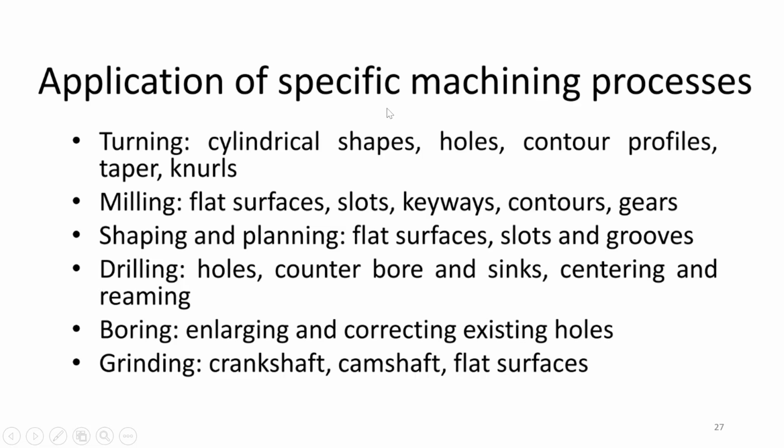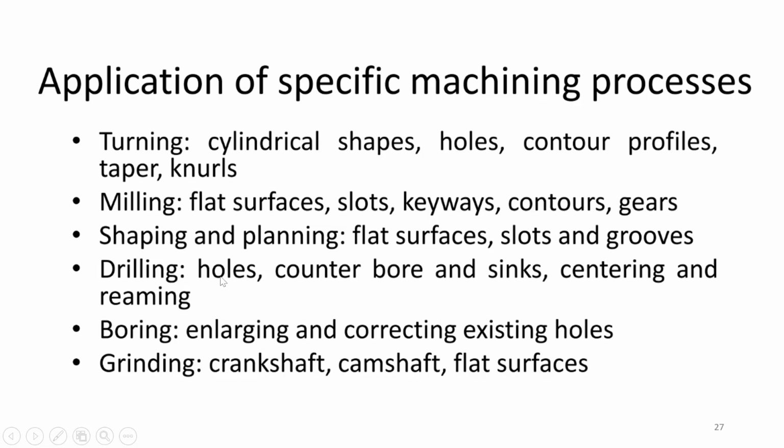Now specific machining processes. So first is turning. So you can make cylindrical shapes, holes, contour profiles, taper, knurls. In case of milling, you can make flat surfaces, slots, keyways, contours, gears. And in shaping and planing, you can make flat surfaces, slots and grooves.